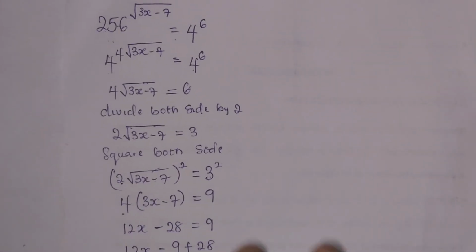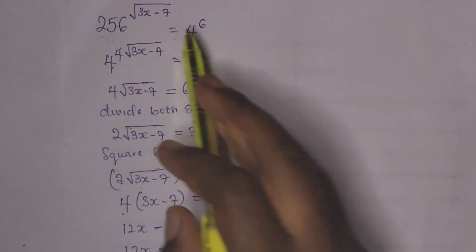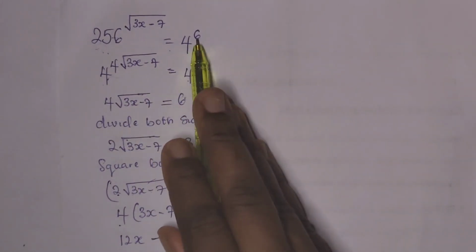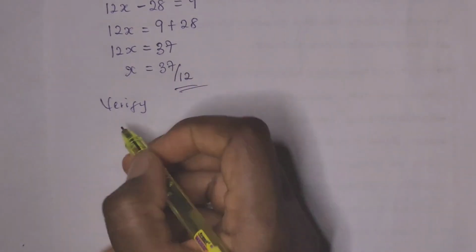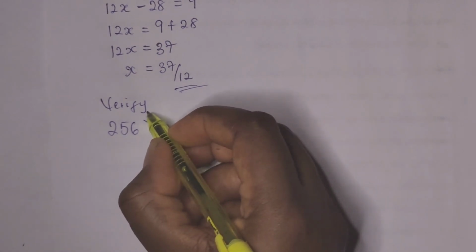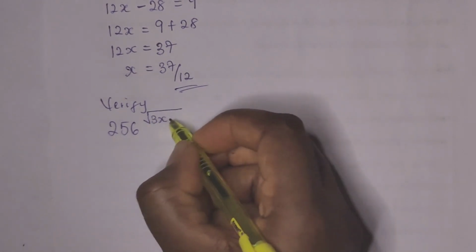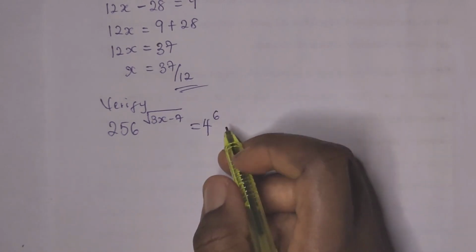Now remember the question. 256 root 3x minus 7 all equal to 4 to the power of 6. So let's verify. 256 root 3x minus 7 all equal to 4 to the power of 6.